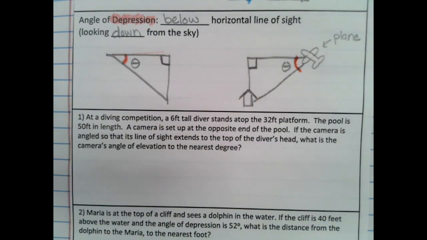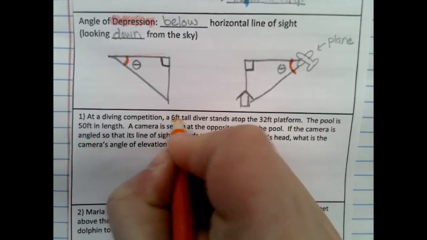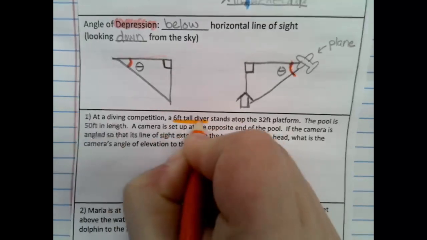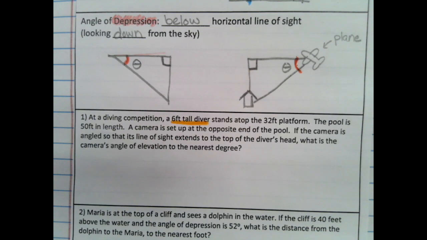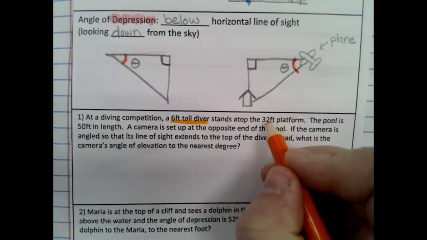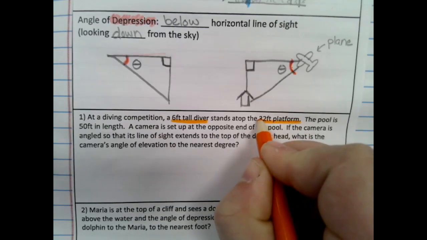All right, so what are some of our important parts to this? Good, the diver is 6 feet tall. So 6-foot tall diver. What else would be our key information here? Good, 32-foot platform. That's the biggest one. That's the one that they do in the Olympics. That's our 10-meter.